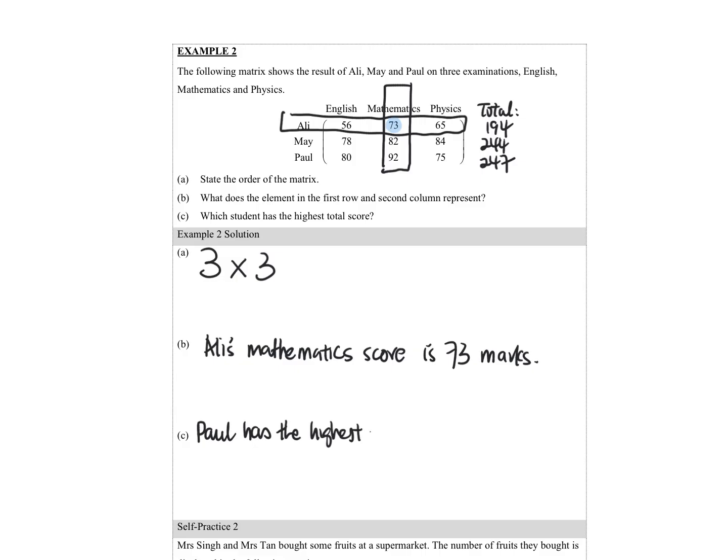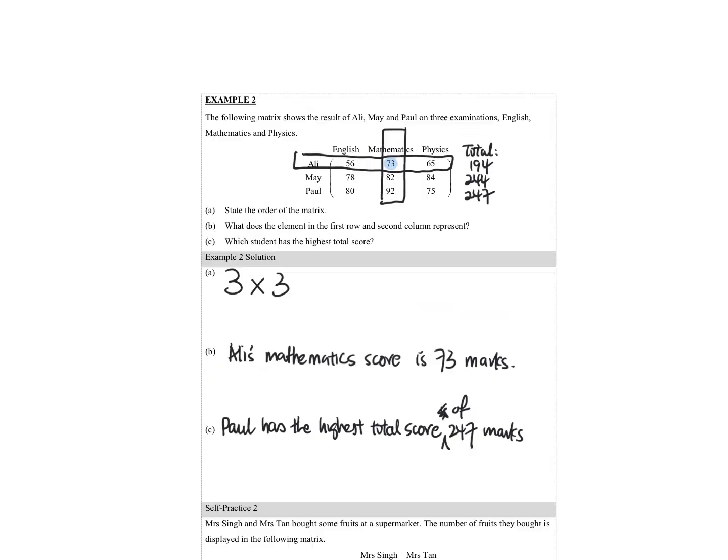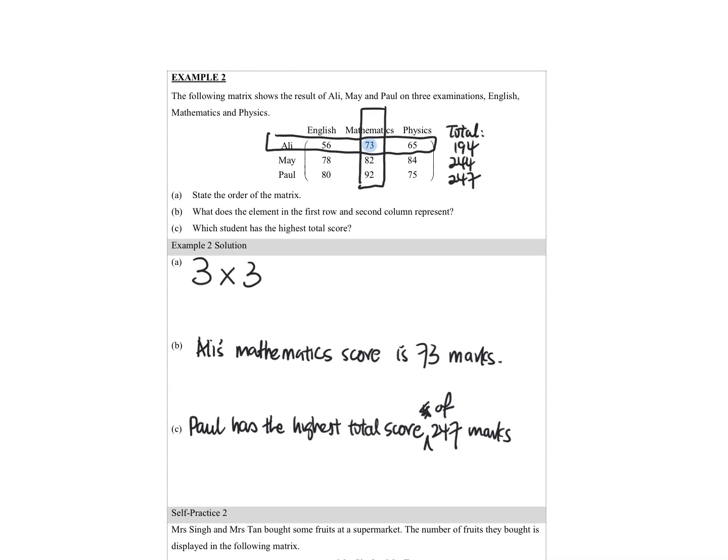Okay, so Paul has the highest total score of 247 marks. So this one is still the basics, it's matrices basics.